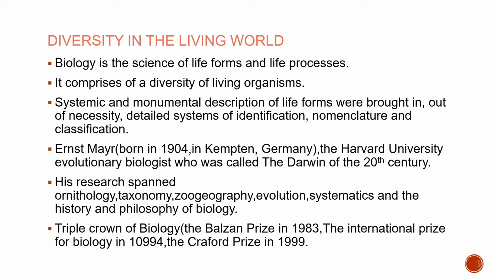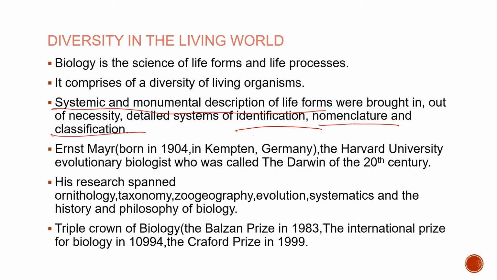But gradually, systematic and monumental descriptions of life were brought in, and out of several necessities of life and the detailed system, identification, nomenclature, and classification came into being. These are all new terms to us, so we will have to study them and understand them properly.